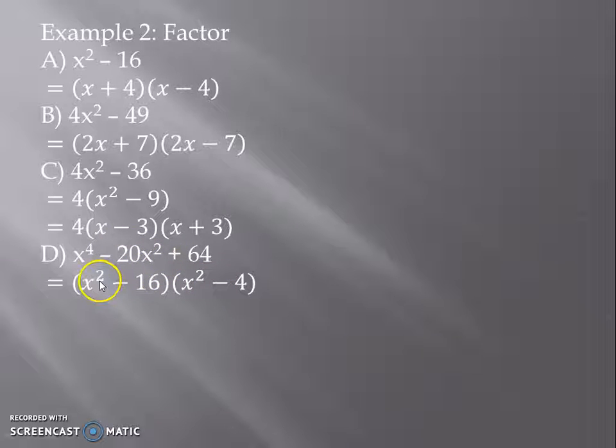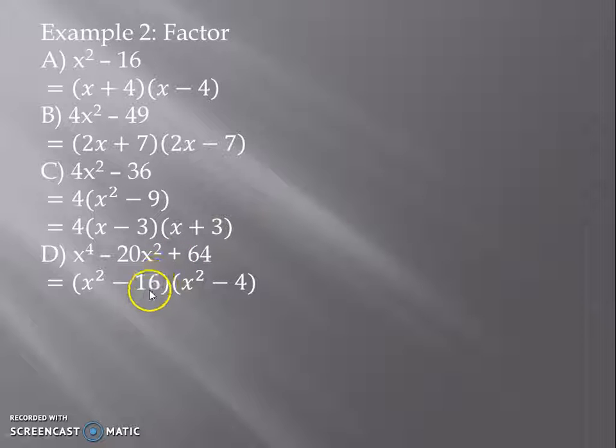And you're probably thinking, oh man, but we still have x squares here. Do we have to go even lower? Yes, we do. Since we have perfect squares here, which is 4 and 16, we can still go dramatically lower.